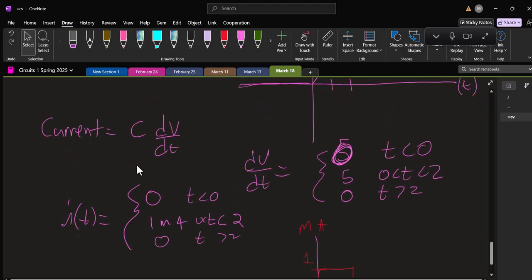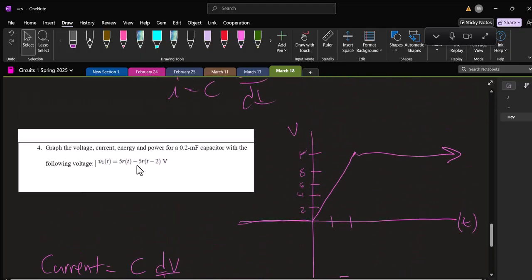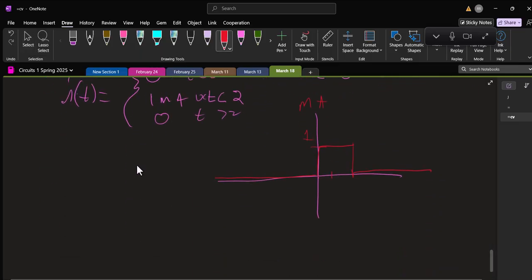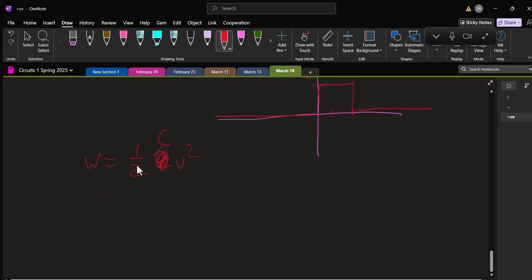And then we want energy. Energy equals 1/2 CV squared. So that would be 1/2 times 0.0002 V squared.